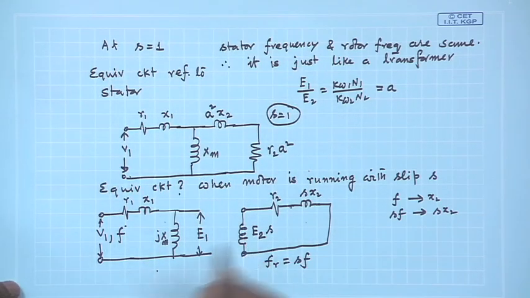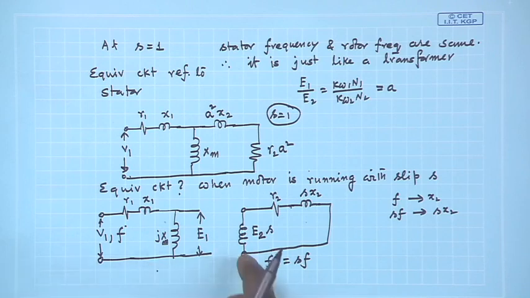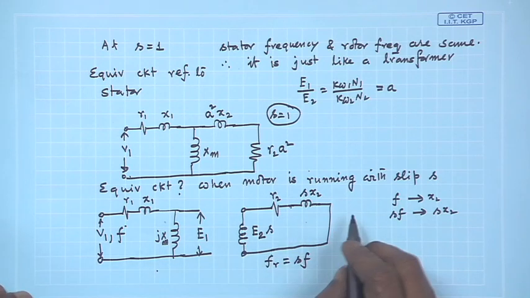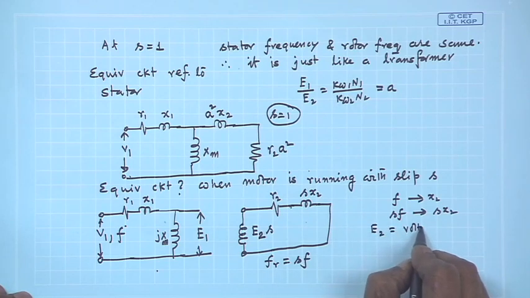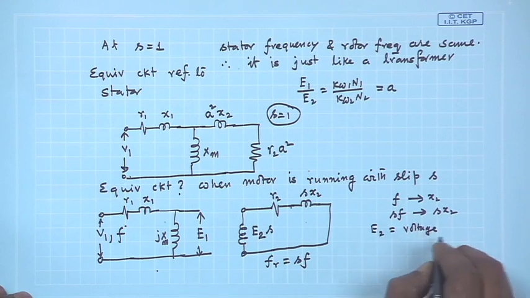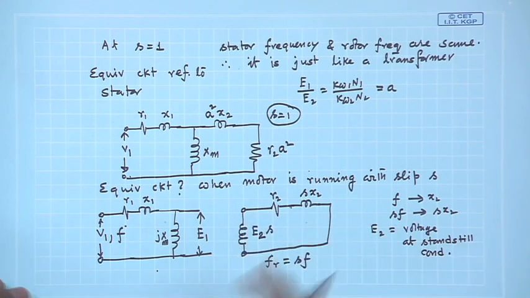If E 2 is the voltage at standstill condition, then the induced voltage when the motor is running with slip S must be S into E 2, that we have seen. So, mind you, this E 2 is the voltage at standstill condition.